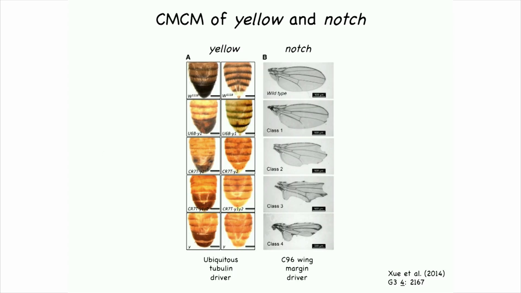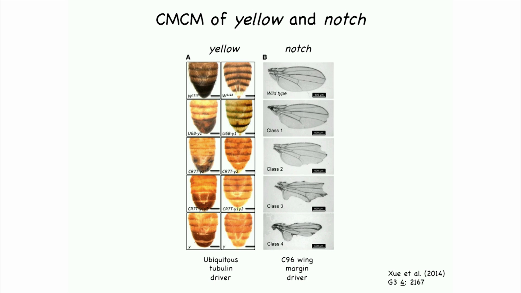And so this is looking at examples of this, driving guide RNA for the yellow gene with a ubiquitous promoter, and you get a range of mutations throughout the fly, but a lot of them are completely mutant because of the fact that it's a ubiquitous promoter.